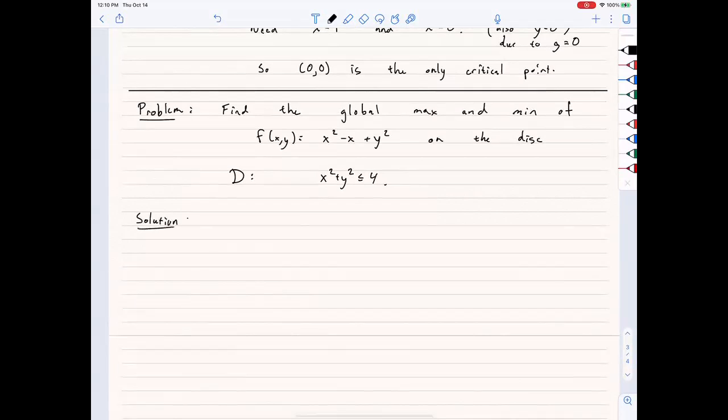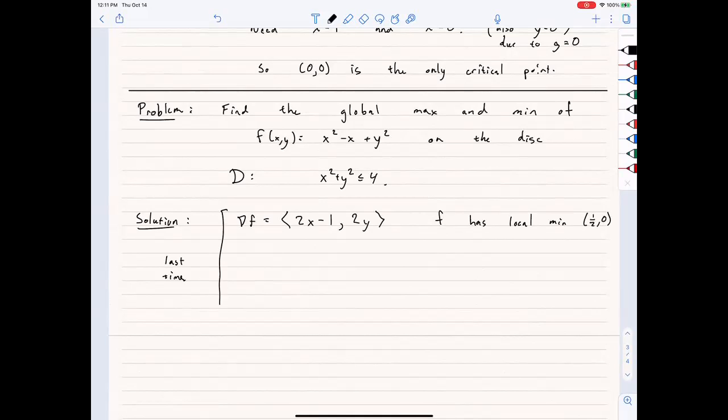So let's see, what did we do last time? Well, last time we calculated the gradient, which we'll still need to do, but it's a very easy calculation. And just to remind us, we found that f has a local min at the point (1/2, 0).